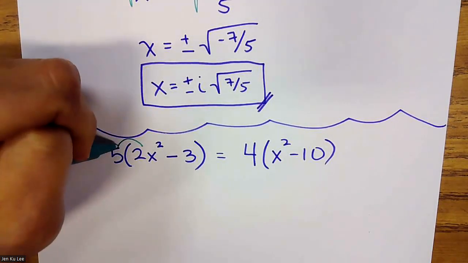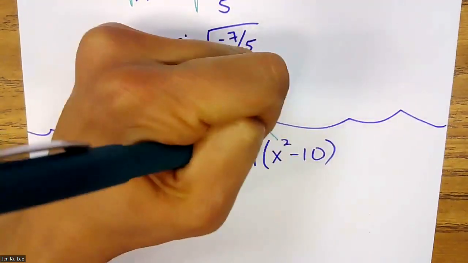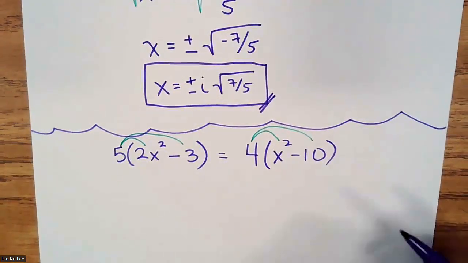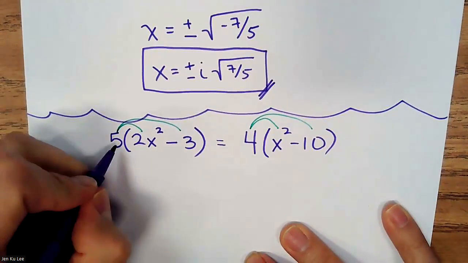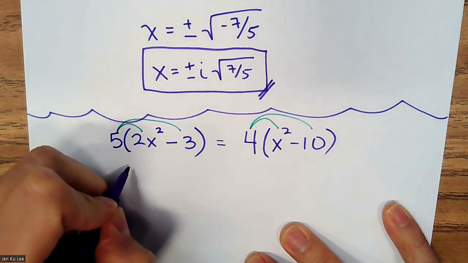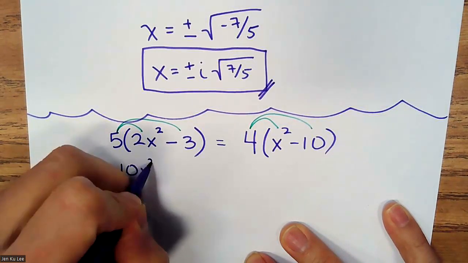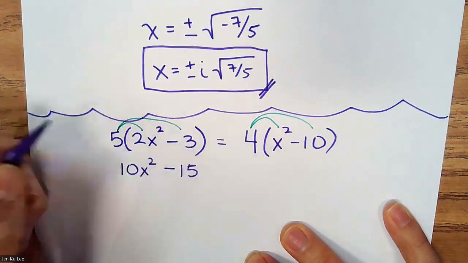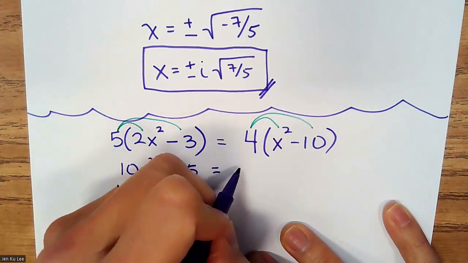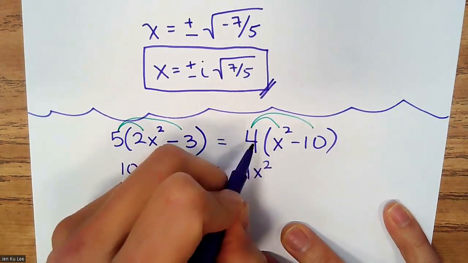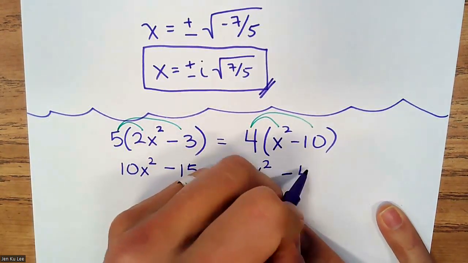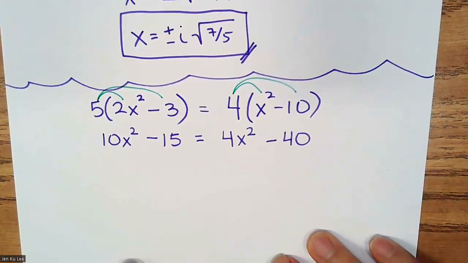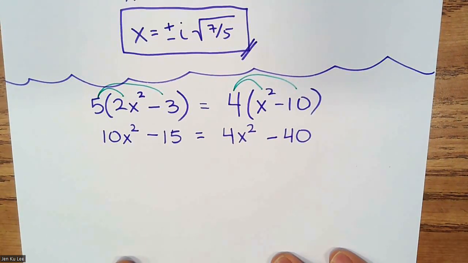So I'm going to distribute out the 5 and distribute out the 4. So 5 times 2x squared is 10x squared minus 5 times 3 is 15 equals 4x squared. 4 times negative 10 is negative 40. Right? Now what?